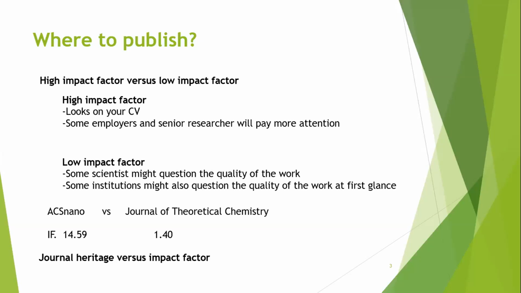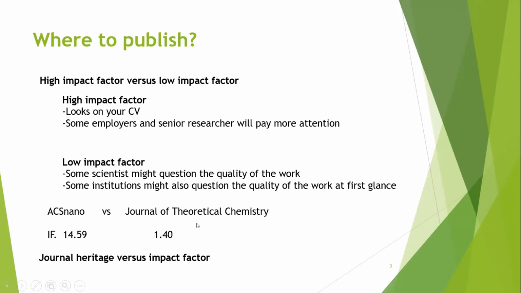As a person who has published in ACS Nano, I'm telling you, it would be way more difficult to get into the Journal of Theoretical Chemistry than into ACS Nano. It will take a lot more brain power and a lot more work to get into the Journal of Theoretical Chemistry than into ACS Nano.